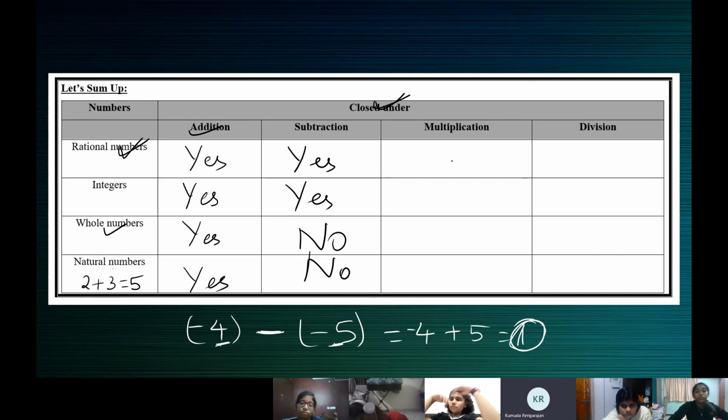Now, what do we understand by saying, are rational numbers closed under multiplication? Who can explain that? Nandana, if I say yes, rational numbers are closed under multiplication, how do you explain that?